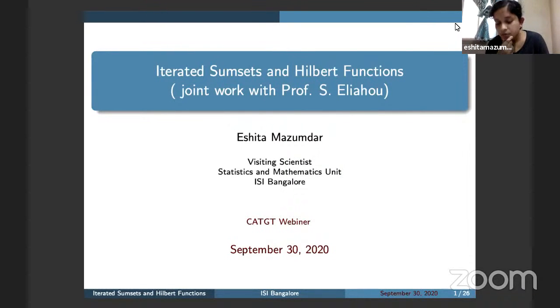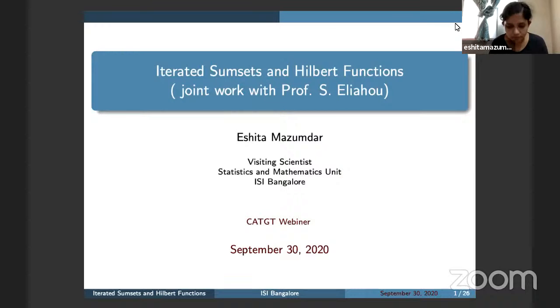And the beautiful thing is that while doing so, we are able to establish a bridge between a century-old Macaulay's theorem in commutative algebra and iterated sumsets in additive combinatorics. And the whole process leads us to an extremal problem as well.